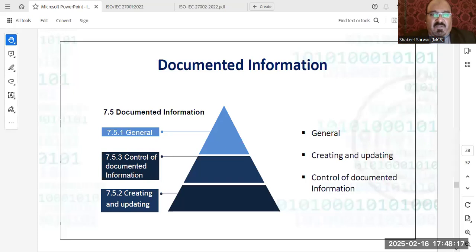A document is anything visual that provides information. It may be a record, procedure, specification, drawing, or a report. The information may be presented on paper, magnetic tape, computer disk, photograph, master sample, or a combination of these. Auditors should be aware of this new term, documented information.